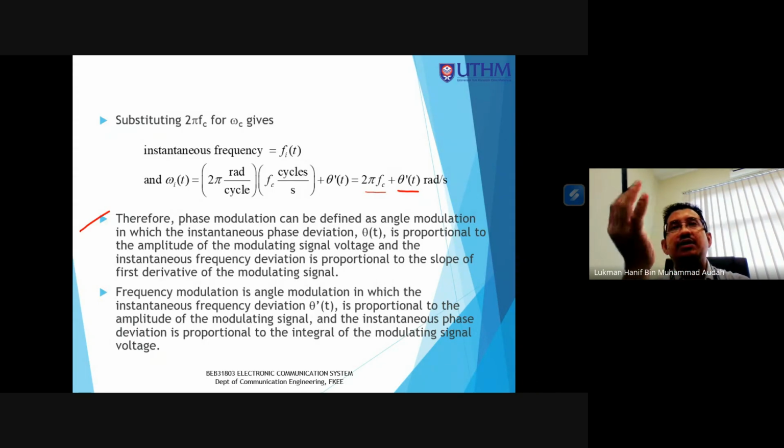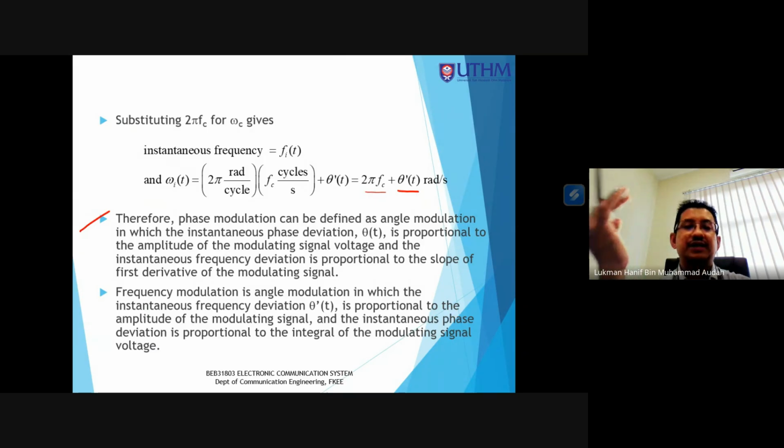If we recap again what we have learned in the beginning of chapter 3, frequency modulation, FM, is the process of changing the frequency of the carrier in accordance with the amplitude variation of the input signal.